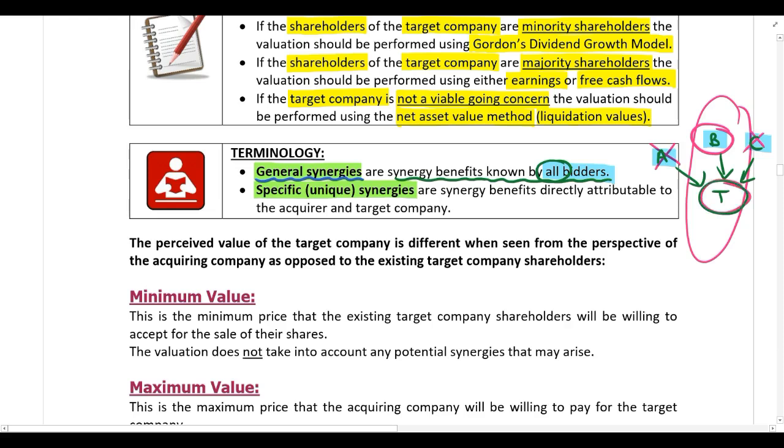You don't know anything about the other bidders. If you are given specific synergy benefits that relate to this specific company buying the target company, those are then specific or unique synergies.